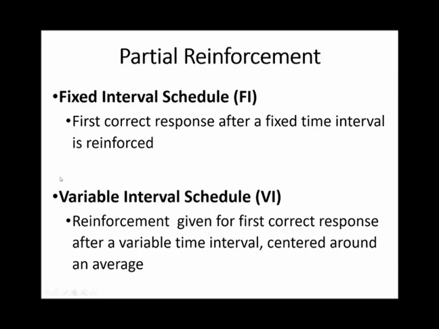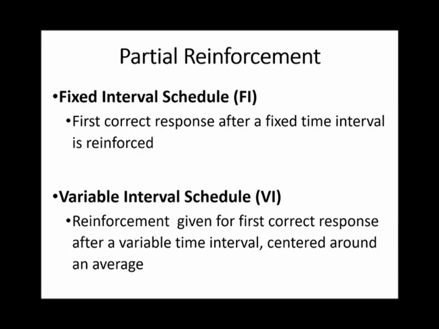And then our variable interval schedule, our VI schedule, says that reinforcement is given for the first correct response after a variable time interval, so a specific time plus or minus a little bit, centered around a particular average.